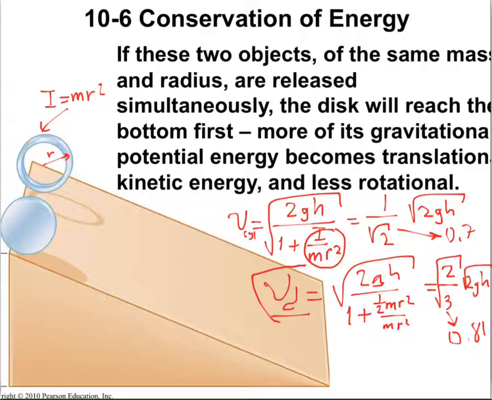So that's what I say. V disk is larger than V cylinder, right? The disk has a larger speed than the cylinder.